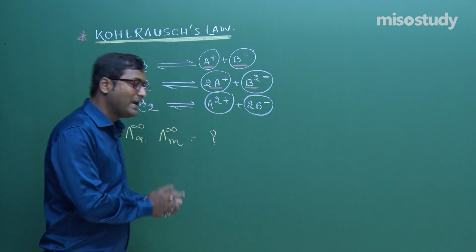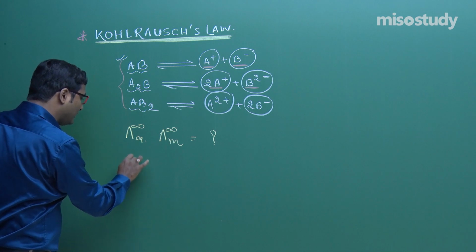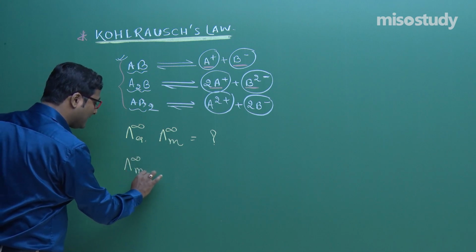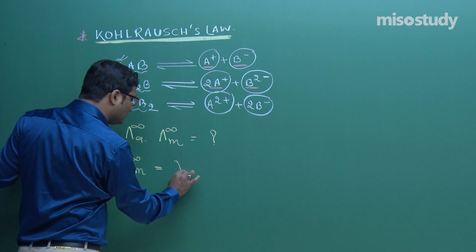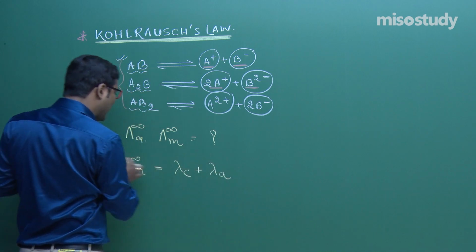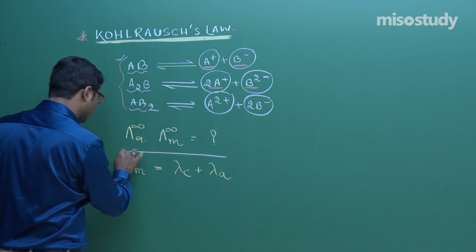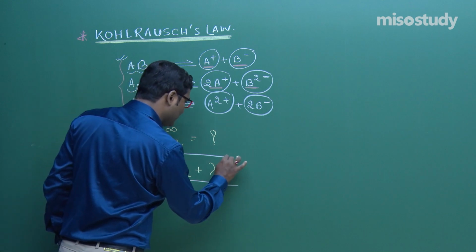Again I am repeating, at infinite dilution, equivalent or molar conductance is equal to the ionic conductivity of the cation and anion. Clear to you?